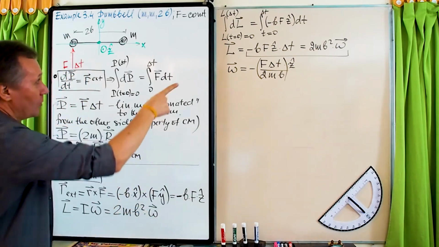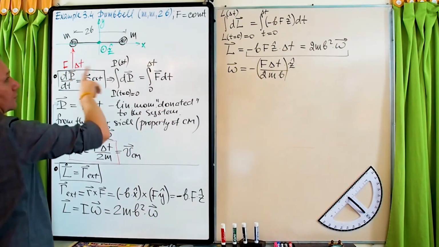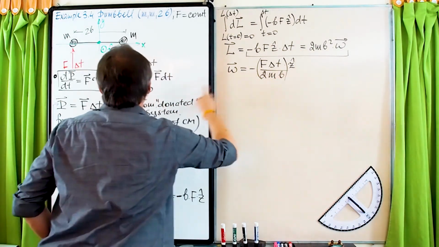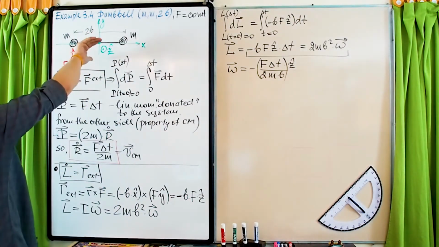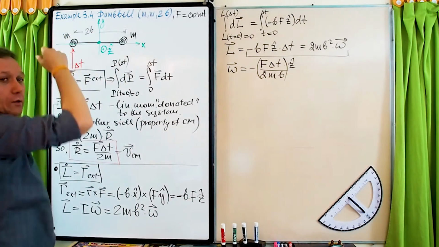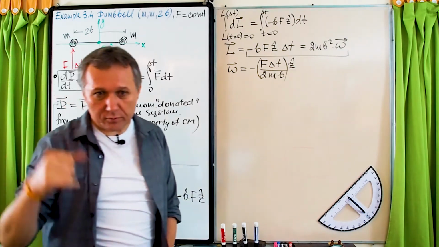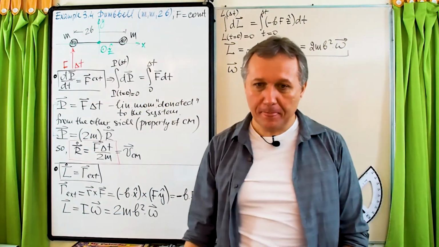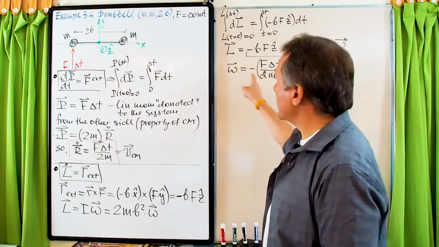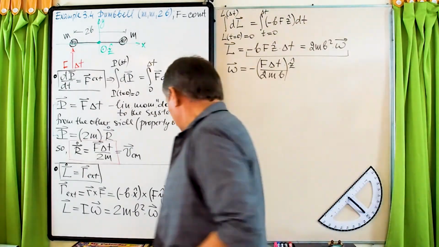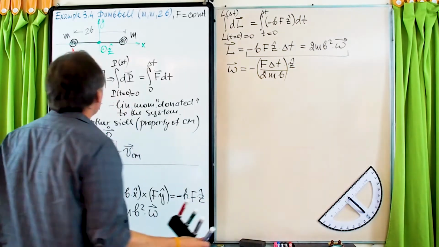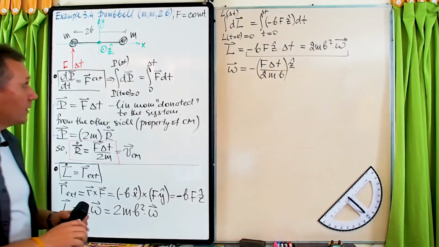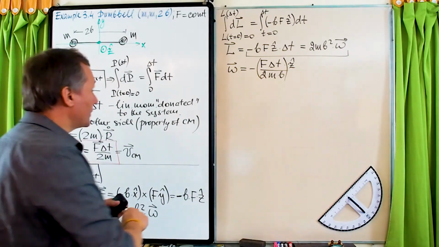But omega is in the negative z direction, that way. That gives us a clockwise direction, by the right-hand rule. You remember how to find the direction of omega. So it matches our conceptual understanding of the motion. So that's the first part.